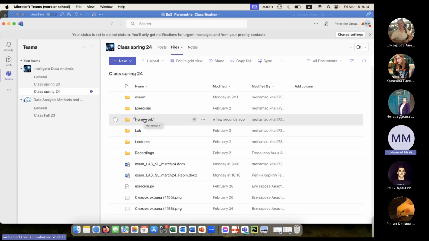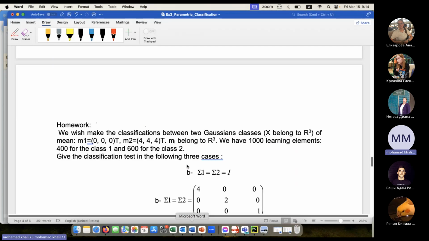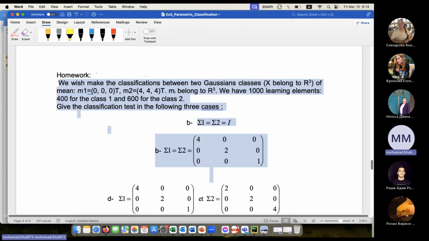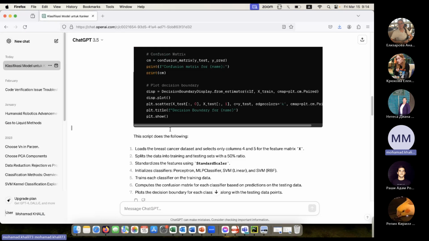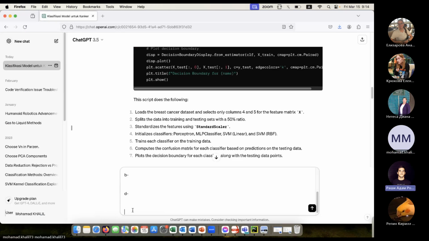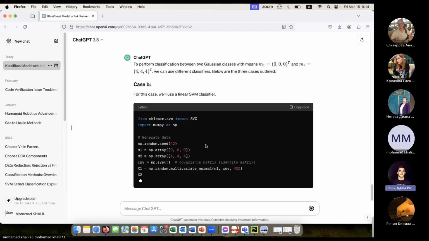Please help yourself by doing the homeworks and uploading them here in the file. If you copy all of this, I don't think that GPT will do the solution. We already tried. It's not working. Okay, great.